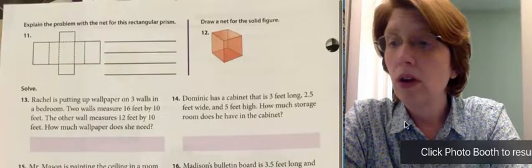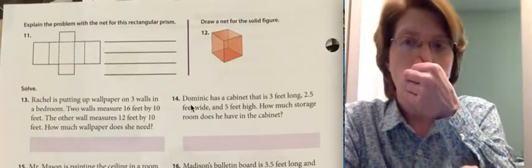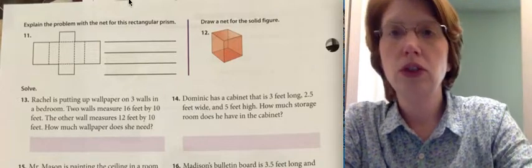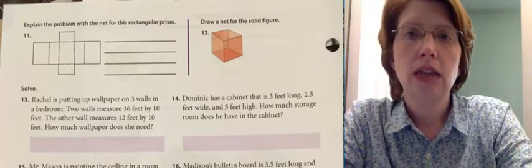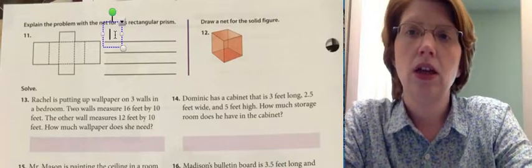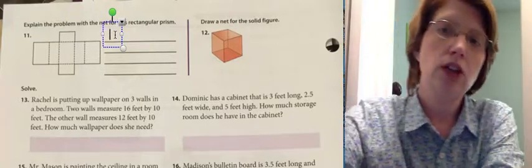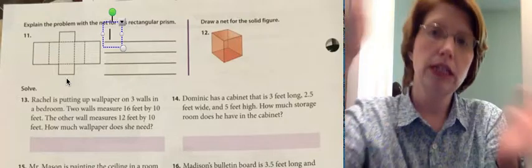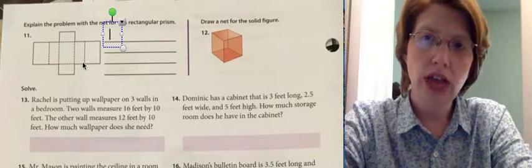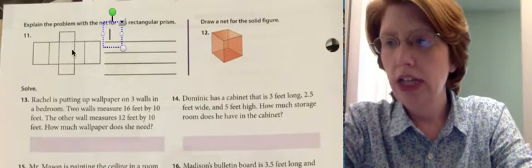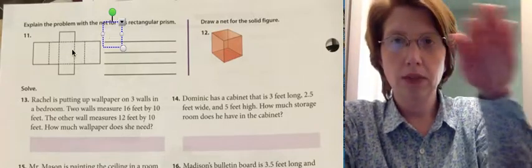Okay, now let's look at the back together. It says, explain the problem with the net for this rectangular prism. What problem do you see here with this net? So in your mind, imagine folding this up. So these come up on the side. These are the sides. Now what should you have left? You should have one top left, right?